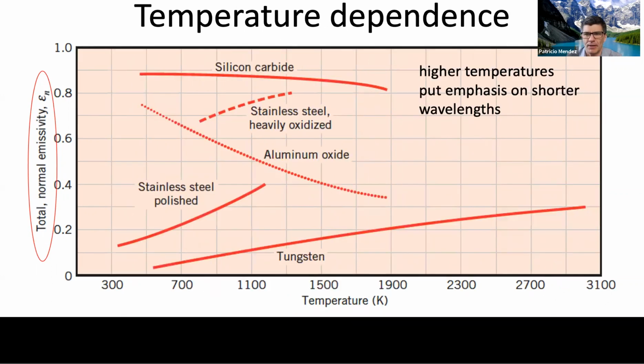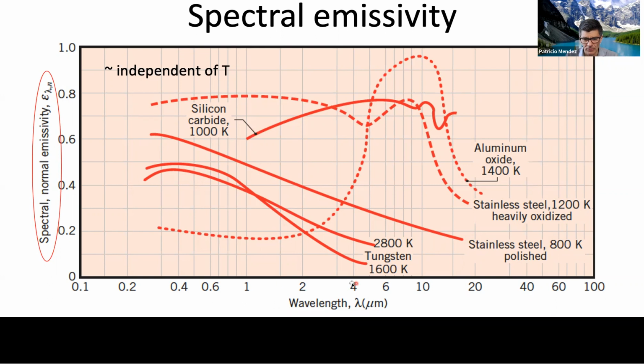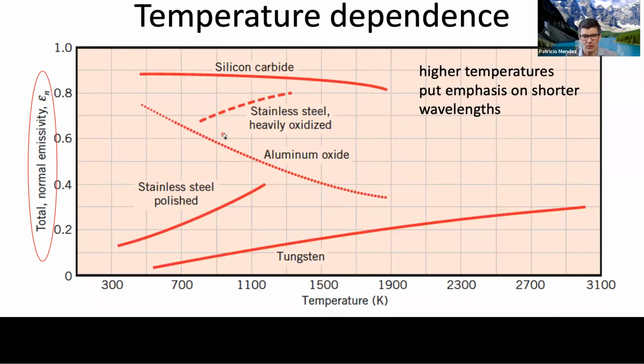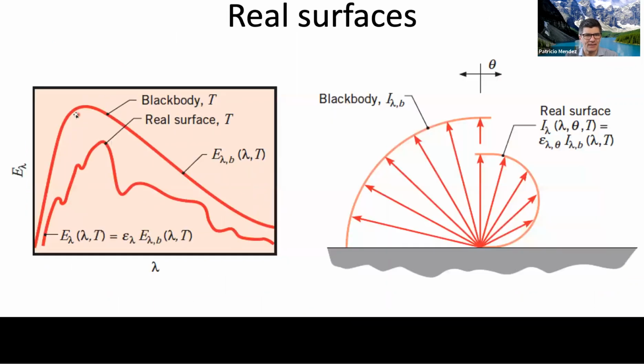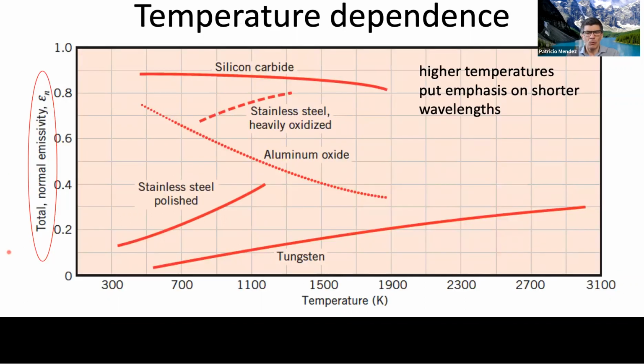Now, this temperature dependence is not the spectral emissivity. This is not emissivity for a given wavelength, but the integral of the curve. The curve we saw before was for each wavelength, right? You see the horizontal axis is wavelength. And this curve we see now is the integral of all these curves. So we don't worry about wavelengths anymore. And what do we see?